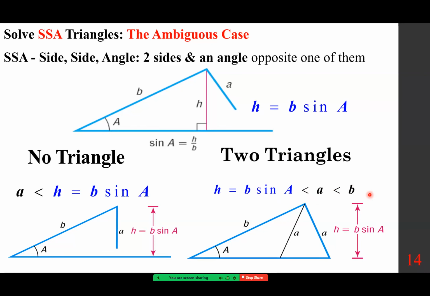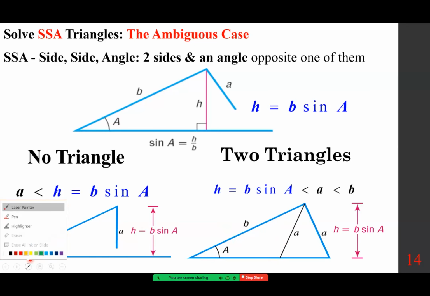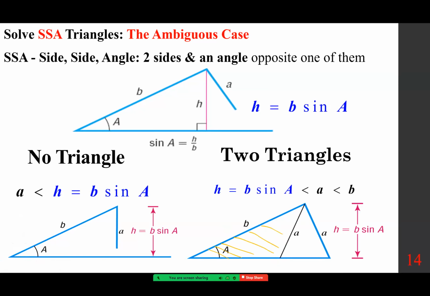The triangles could be the larger one or just this one. So either the large one, or this one. This is the second one. The complete one is the larger one. There are two possibilities.